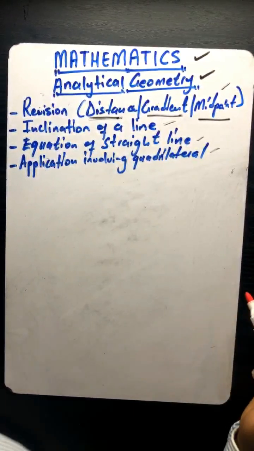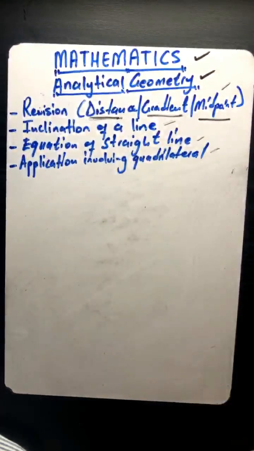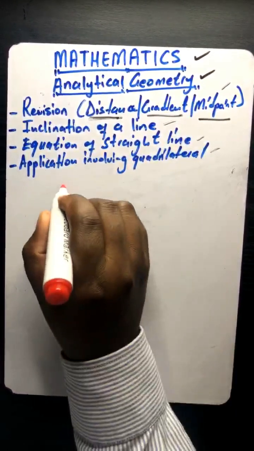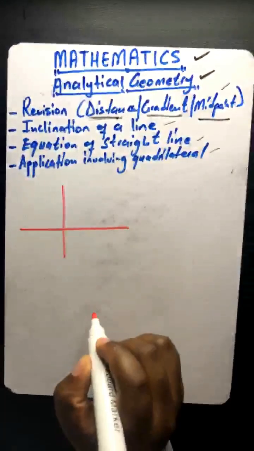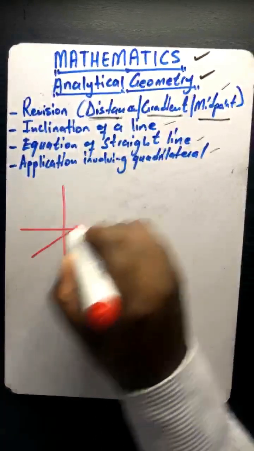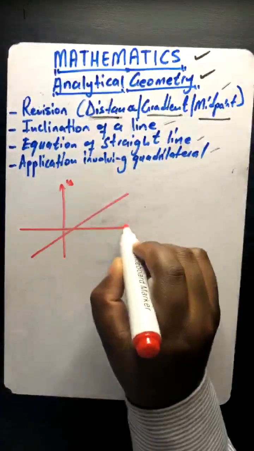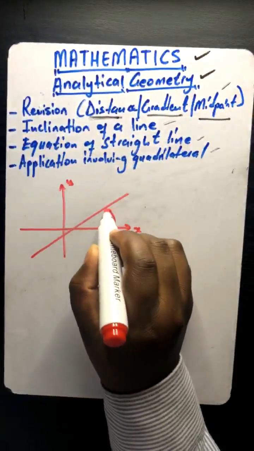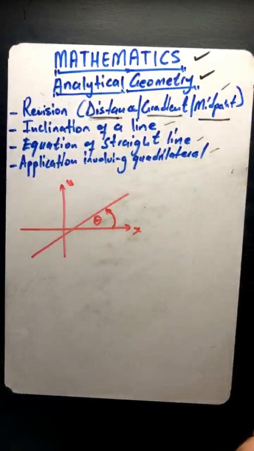So you have two situations when it comes to an angle of inclination. Let's categorize it into two situations. Say you've got that line on a Cartesian plane again. This angle is what we call an angle of inclination.